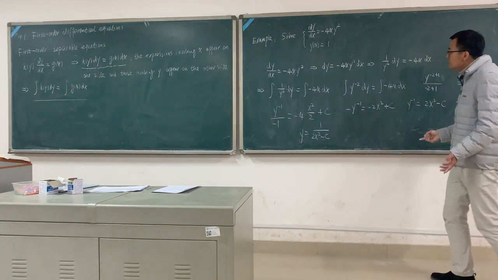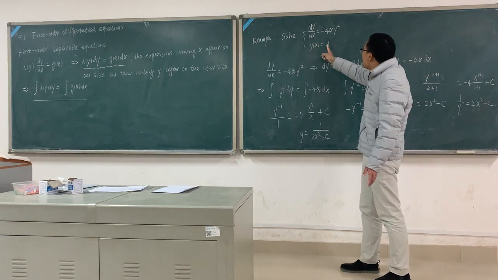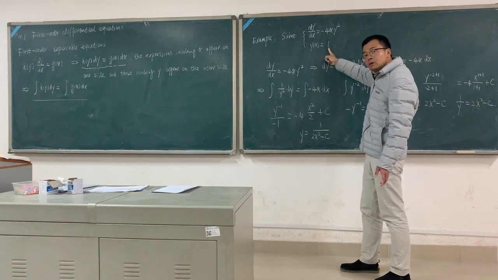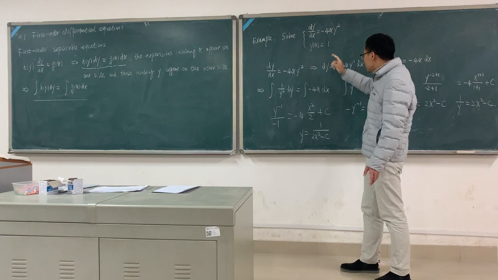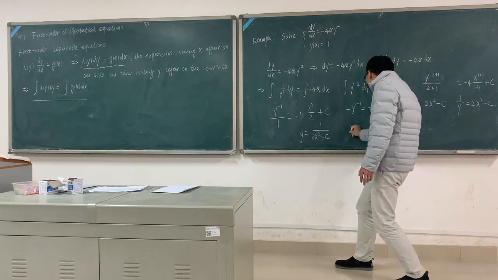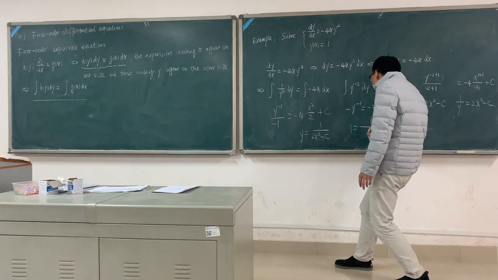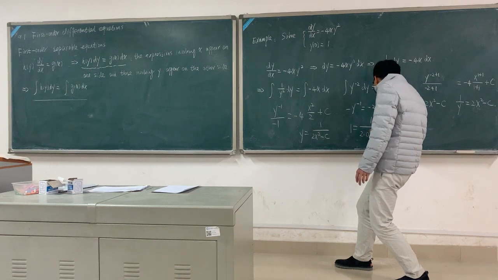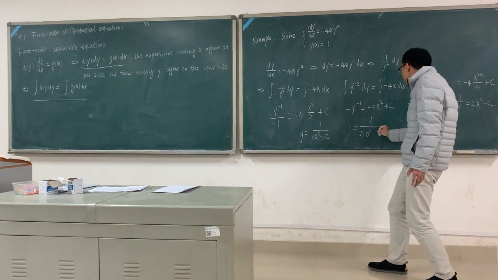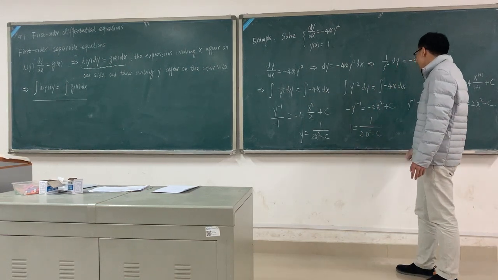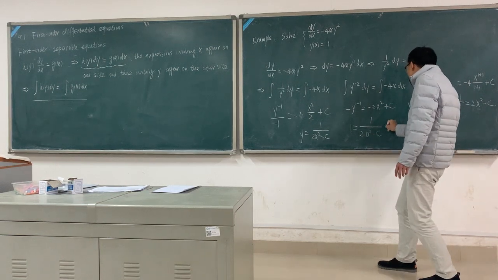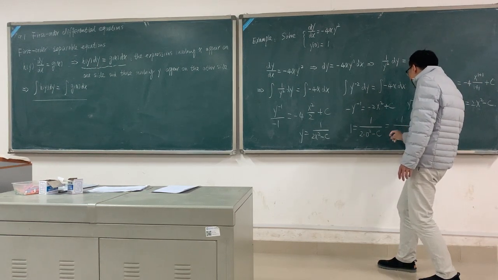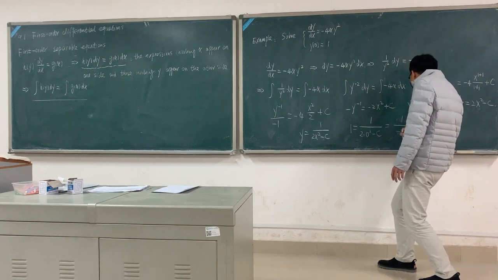Now when x equal to 0, y equal to 1. So here we have 1 equals 1 by 2 times 0 squared minus c. That is 1 by 0 minus c, so minus c.